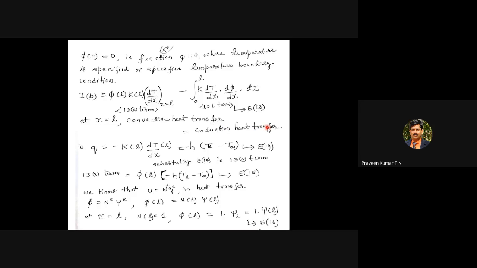Or imagine a steel rod, a red hot rod, which you are heating from the left end. At the tip of the rod, whatever amount of heat is conducted through the rod goes to the surrounding medium by convective heat transfer. Suppose at the tip of the rod the total amount of heat conducted is 1000 watt.